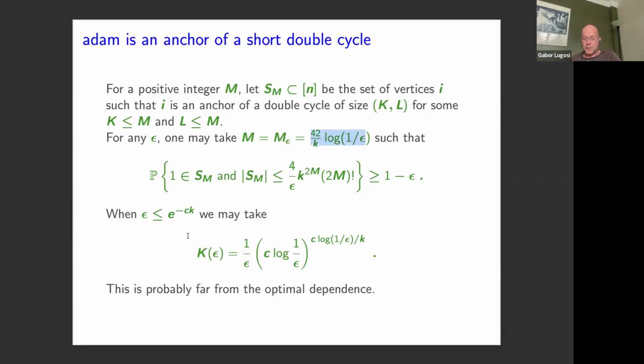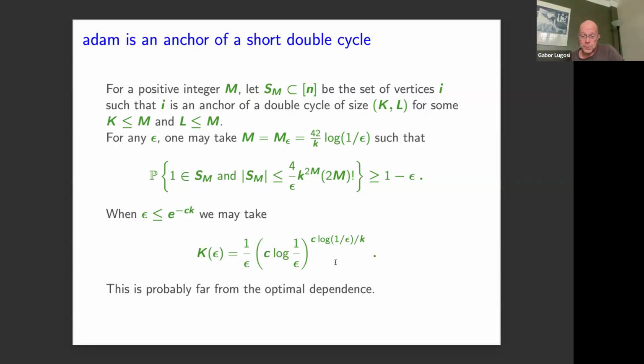So what this ends up implying is that if we choose k to be this function of epsilon, then there is a confidence set of size k that contains the root vertex with high probability.